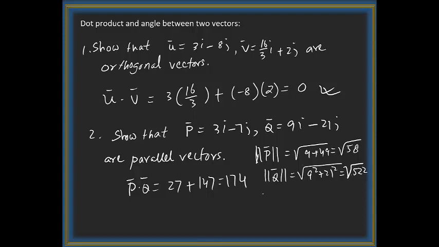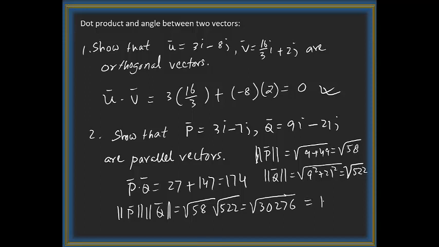So when I multiply them together, the magnitude of P times the magnitude of Q gives me the square root of 58 times the square root of 522. You'll get this if you grab a calculator and multiply them together, or you can simplify another way. You get the square root of 30276, and this is exactly 174. So you can see that the dot product and the product of their magnitudes give the same result. That means the vectors are parallel, and we are done.